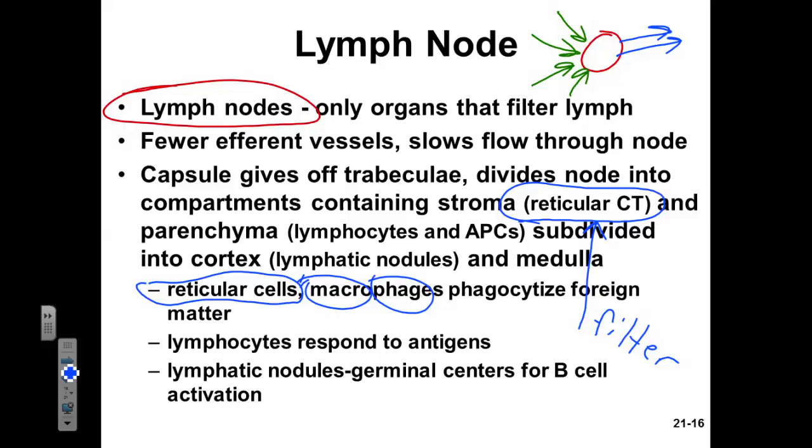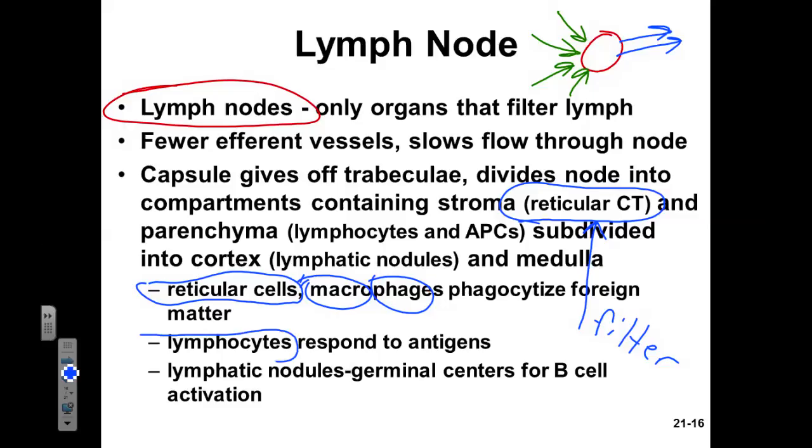Macro meaning big, phage meaning to eat. Quite literally, a macrophage is the big eater cell. So when you think of a classic white blood cell that's swallowing a bacterium, think of a macrophage. Within the reticular tissue that's collecting and filtering out all the bacteria, we have lots of cells designed to phagocytize the bacteria.